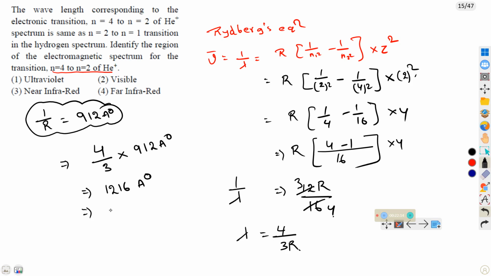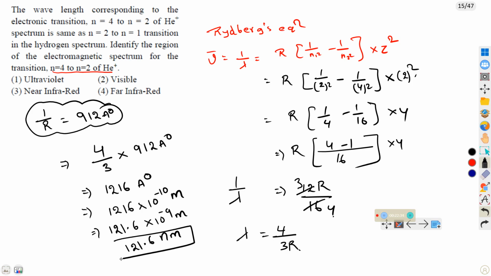It can be written as 1216 into 10 power minus 10 meters. Otherwise it can also be written as 121.6 into 10 power minus 9 meters, that is equal to 121.6 nanometers.